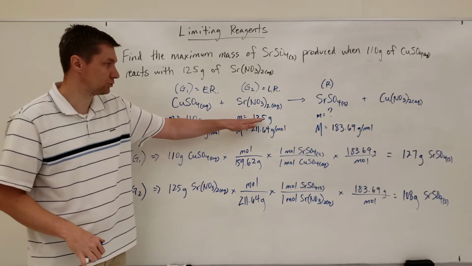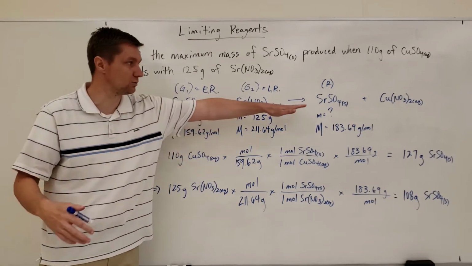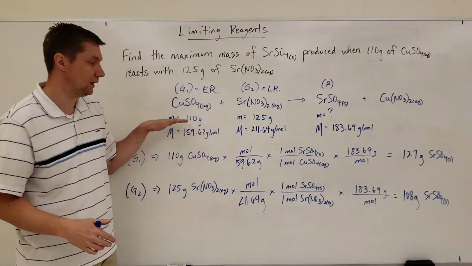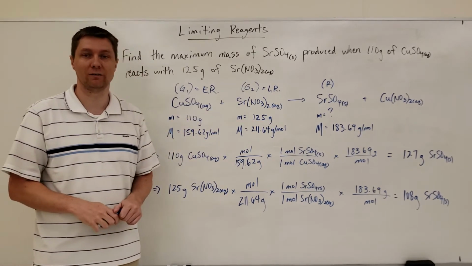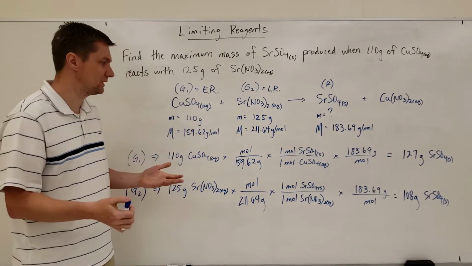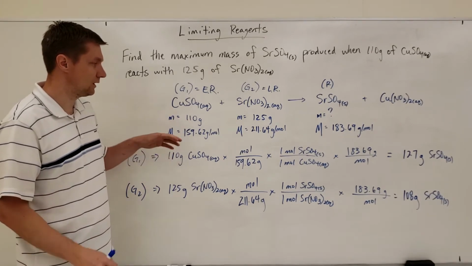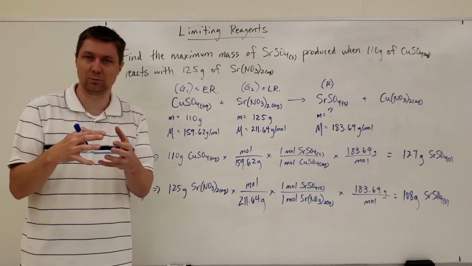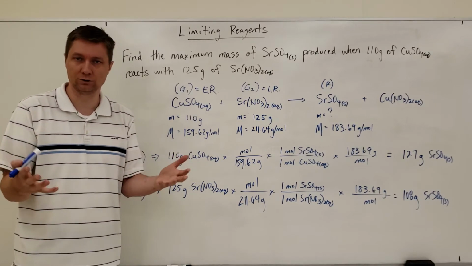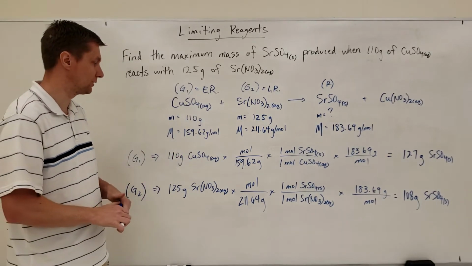If I had more strontium nitrate, I could produce more strontium sulfate because I would still have some copper 2 sulfate left over. And the reason for this is, if you look at the calculation here, you can see that reactions in chemistry take place in amounts, or moles, right? And that's what we've always established.